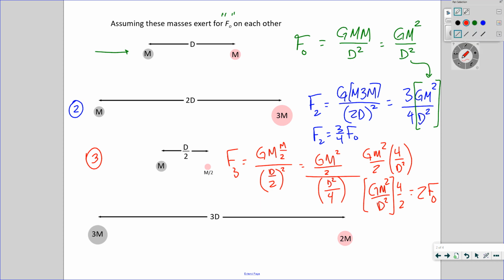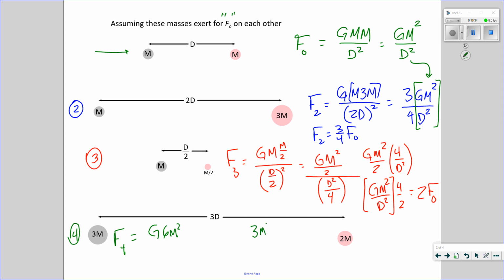Finally, in case 4, F4 is G times, watch this, 6m squared. 3m times 2m is 6 m m. That's an important thing to show, because a lot of my students have a tough time with this. They'll say that's like 5 to 2m or something.